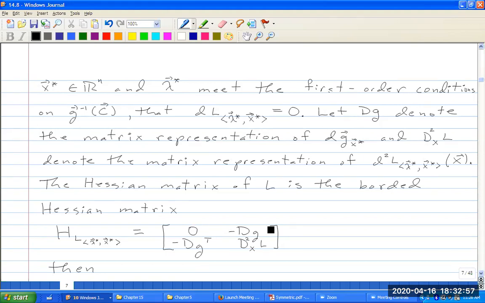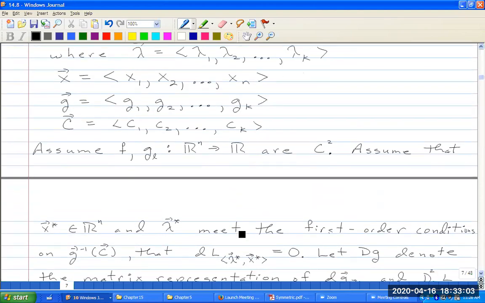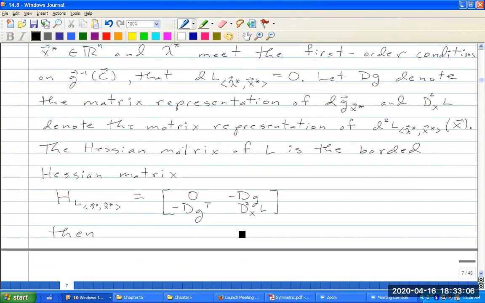It'll be a k by k matrix. Then minus DG, minus DG transpose, and then this D squared L.